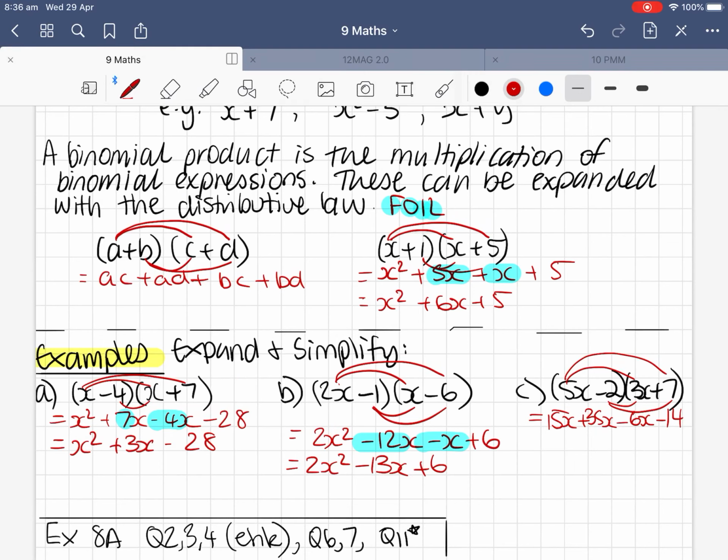And then bringing that all together, I've just forgotten my squared there, 15x squared. Plus, so 35x minus 6x is 29x, take 14 is my answer.